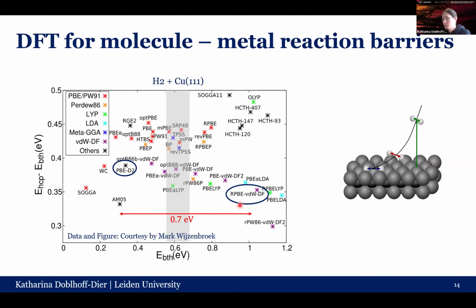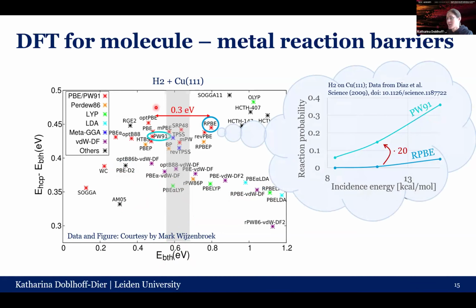So they predict a barrier that is 0.7 electron volts different. Now, considering that the entire barrier is only 0.6 electron volts, I think that's an important difference. And even if you take functionals that lie much closer to each other, this directly translates in a very strong change in reaction probability. So we'd really like to get these barriers correct if we want to be predictive.